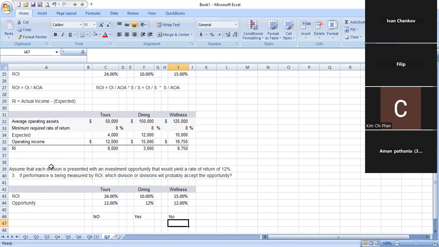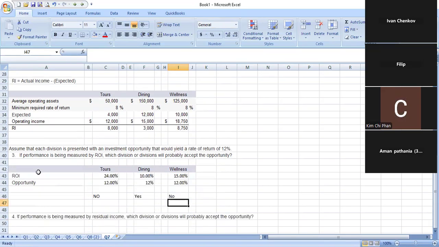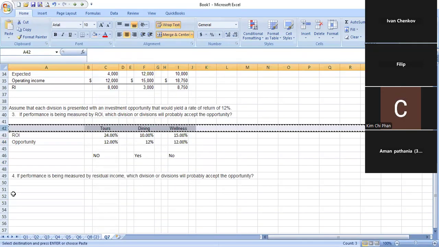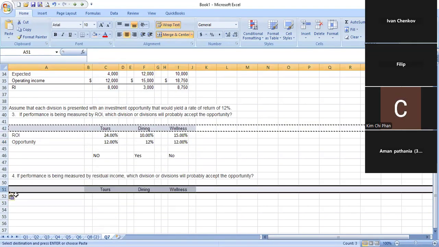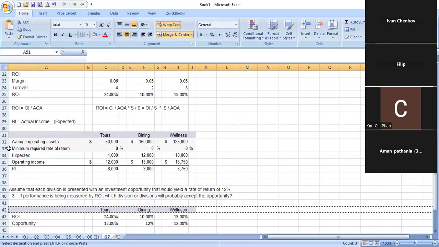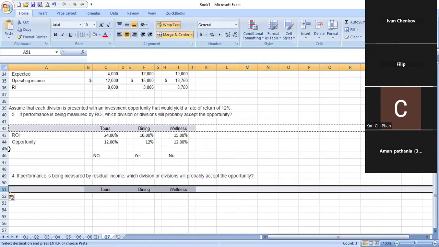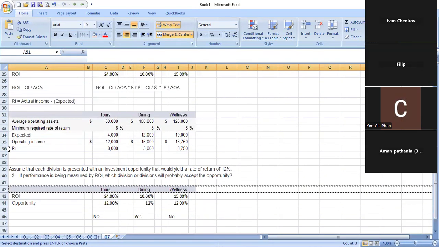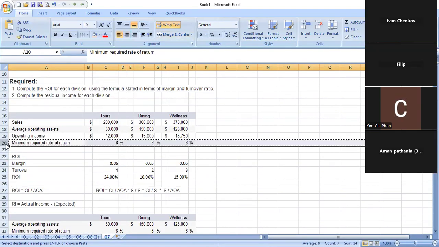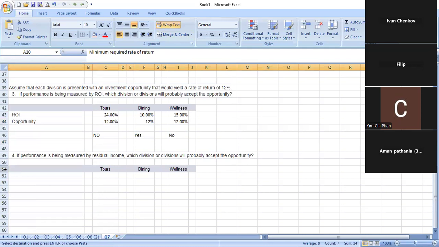Now, based on the residual income, let's get those two again. We have the residual income. So residual income, we measure it by the minimum required rate of return, correct? Yes.